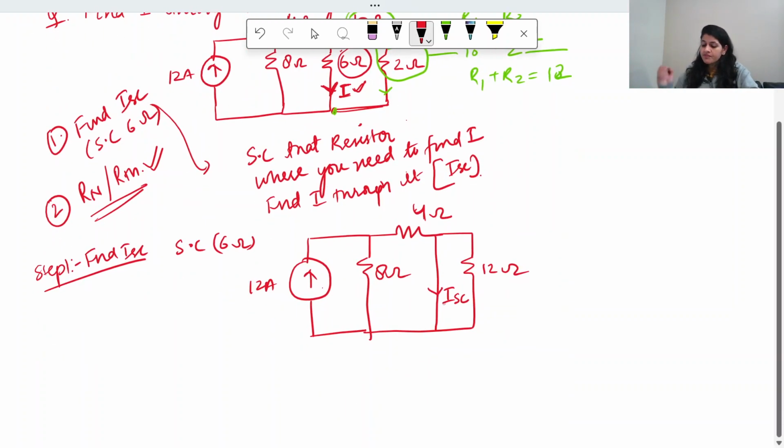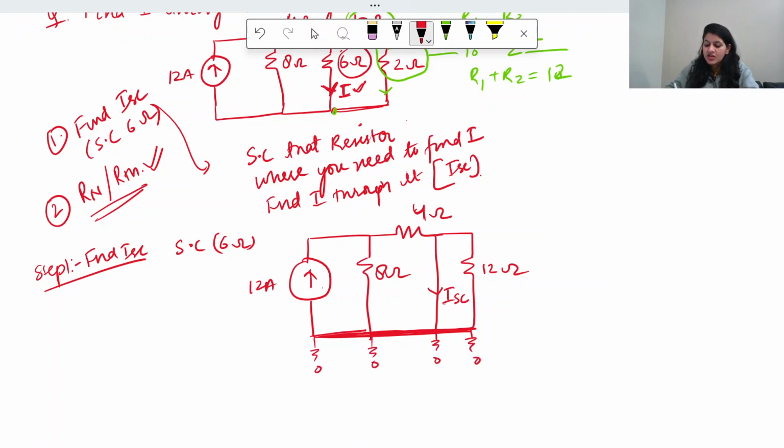Now, one more important concept. You know that this is all ground. By that I mean the voltage or potential here is 0, everywhere in the ground it is 0. So if the voltage at this point is 0, the potential at this point will also be 0. Why so? Because if there is a resistance R1 here, the voltage drop across it, V1, is I into R1.